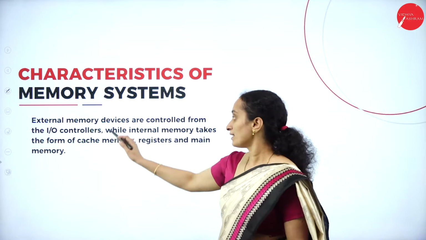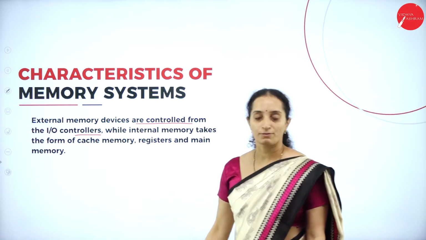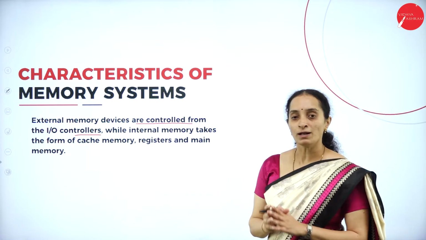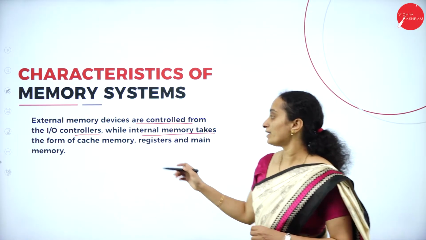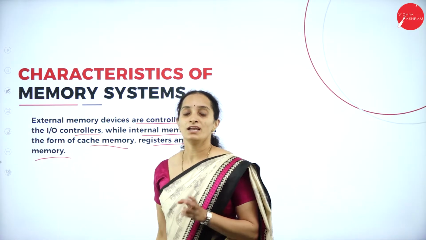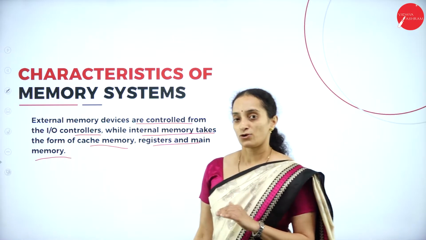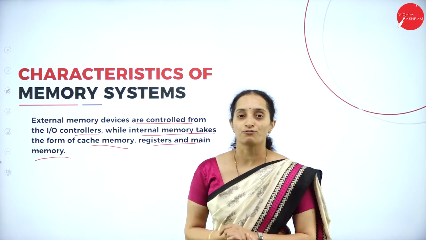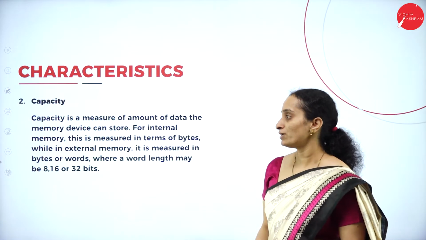The external memory devices are controlled from the I/O controllers. There will be input-output control modules which control the operation of the external memory devices, while internal memory takes the form of cache memory, registers, main memory and the auxiliary memory. We can know the type of memory device by knowing the location of that device. This is the first characteristic of any memory system.